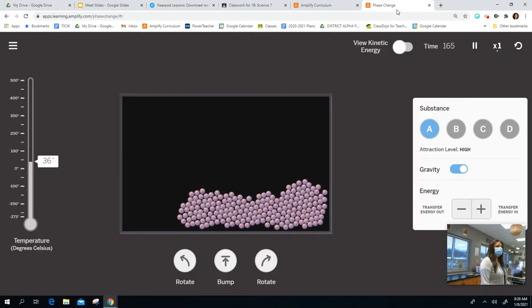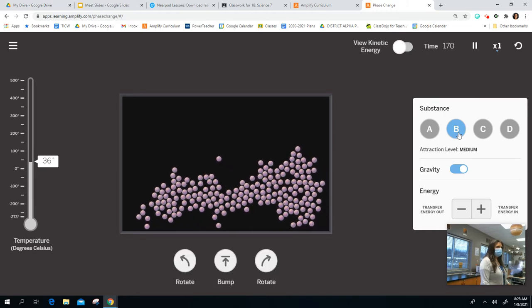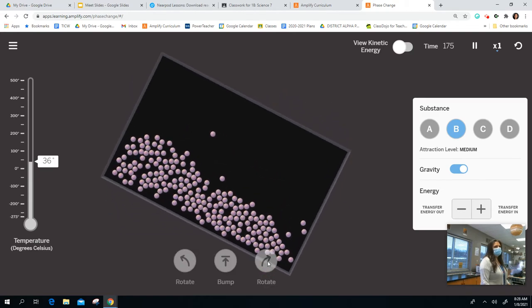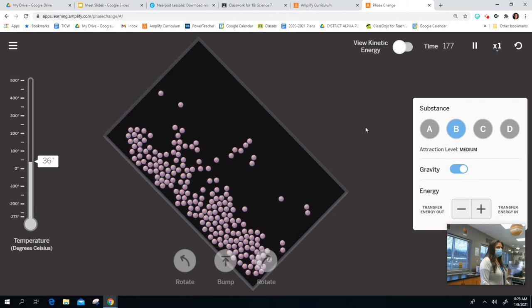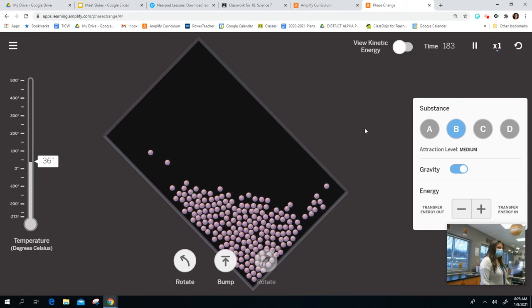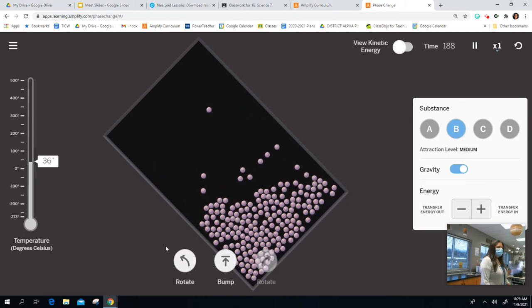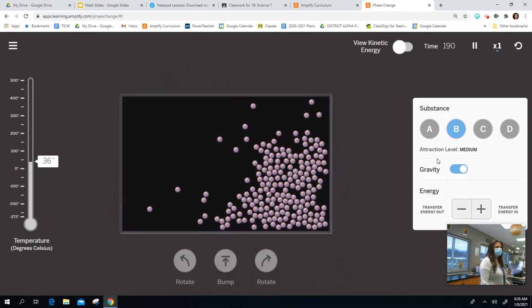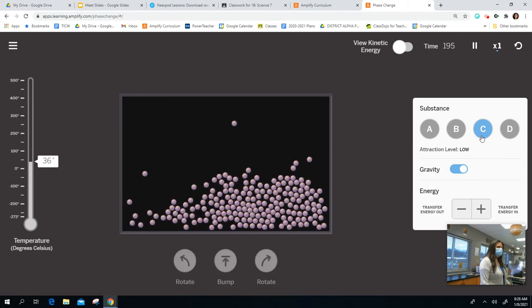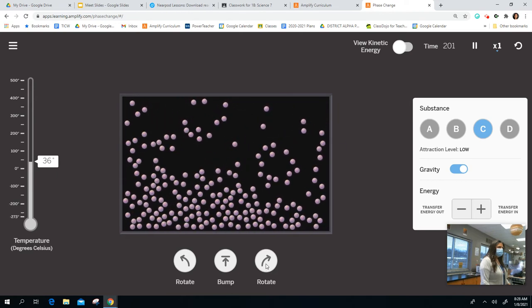So go ahead on your sim and choose B. And then rotate it. Put it back. Choose C. And rotate it.